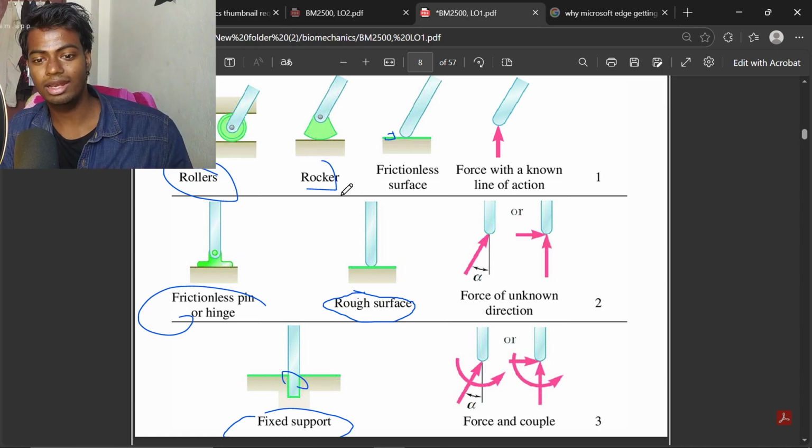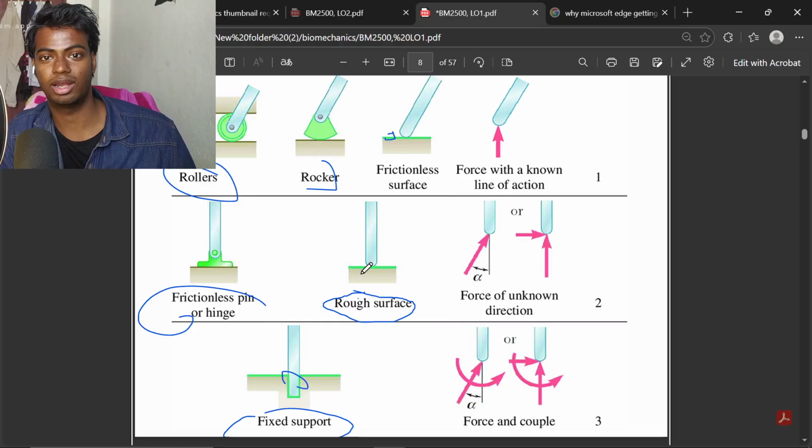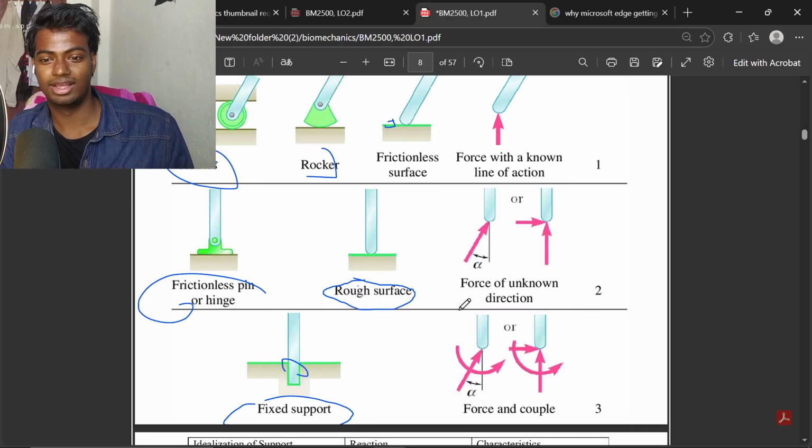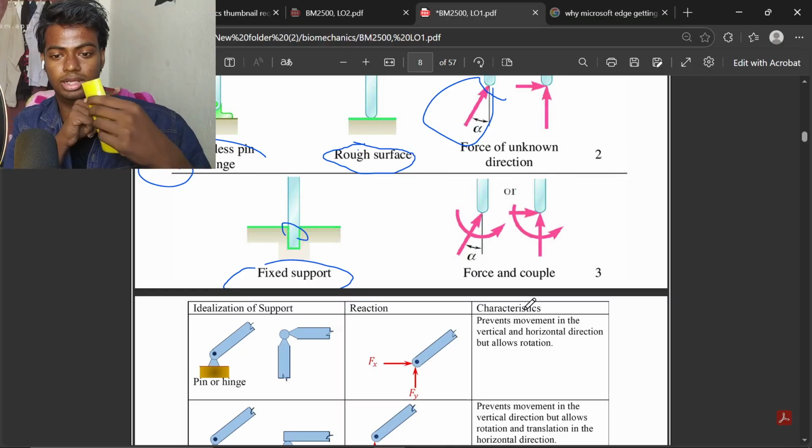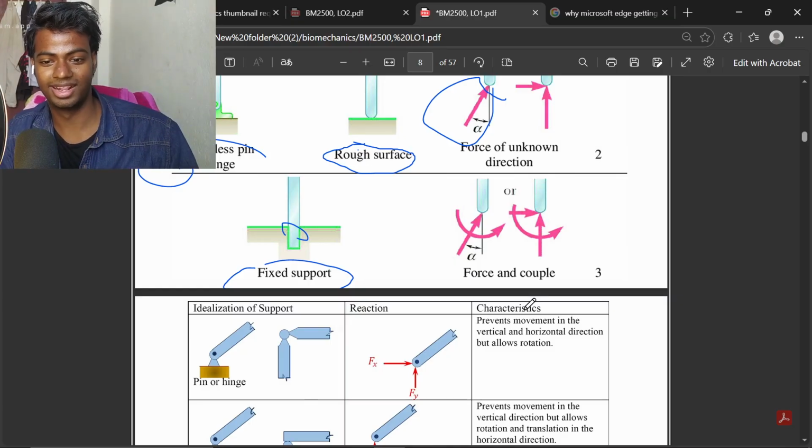On an ideal rough surface, the object will never fall down, because it will always compensate the couple force generated by gravity. On a direction, we don't know if it is x or y, so we can find out by converting into two resultant forces. Couple, we know couple. This is a couple.